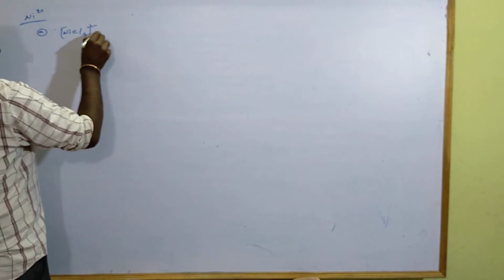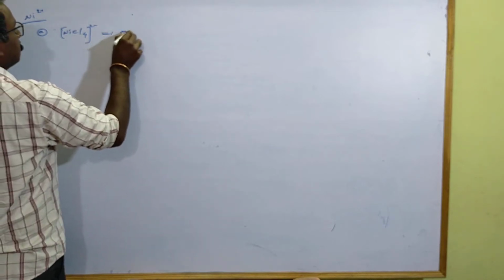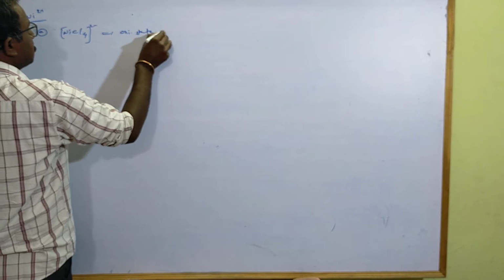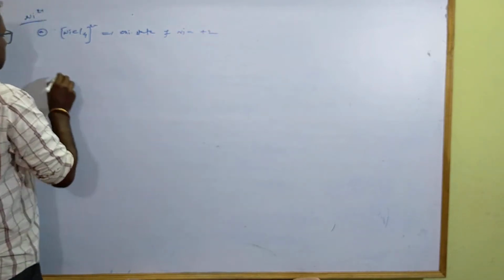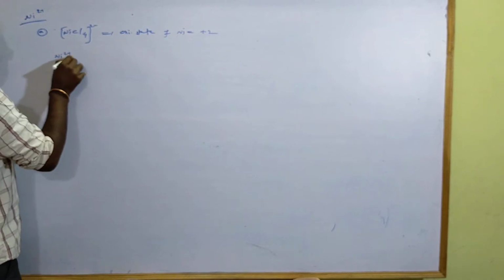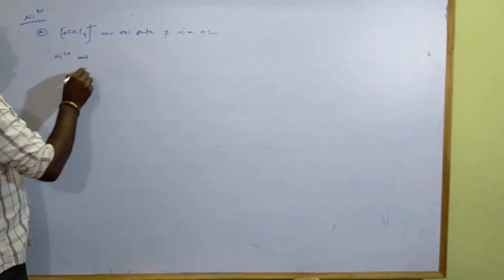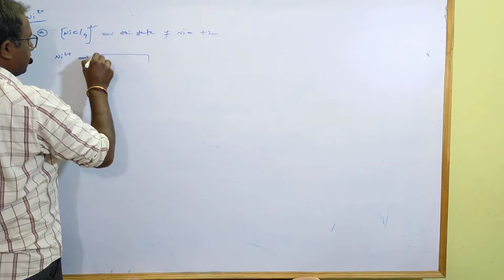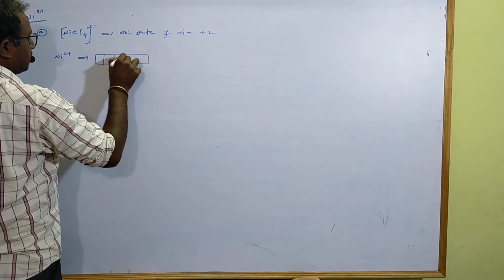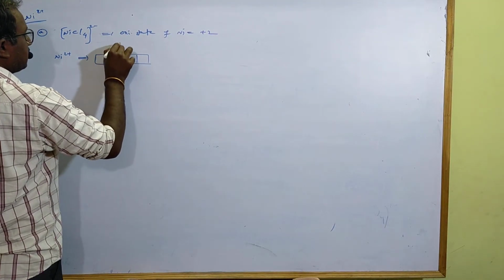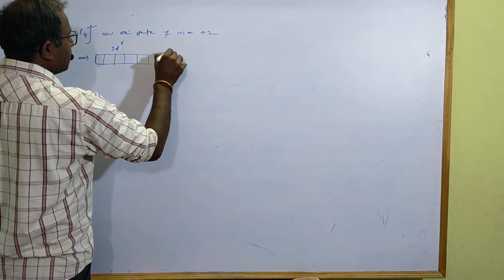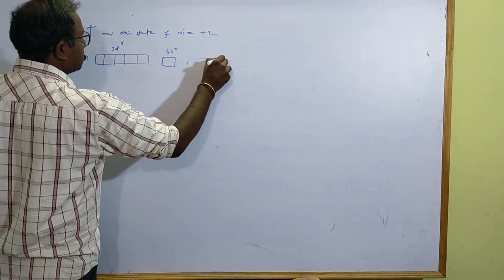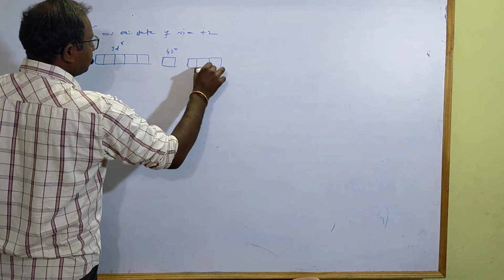Here the oxidation state of nickel is +2. So the Ni2+ configuration is 3d8, 4s0, because 2 electrons are removed, 4p0.